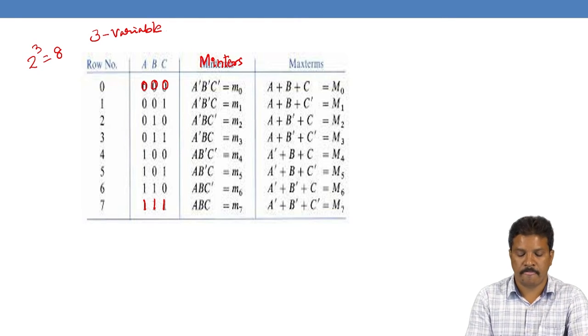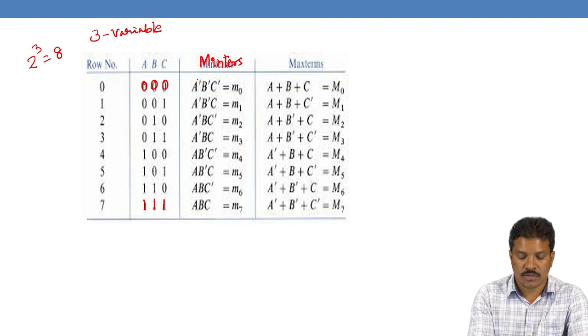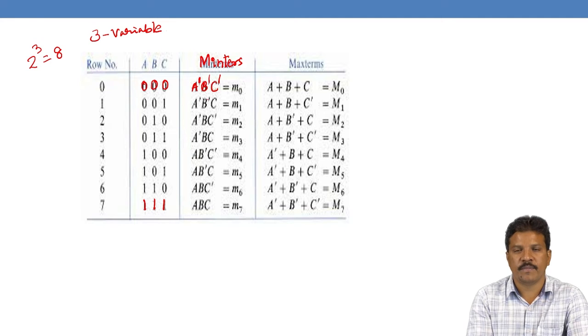combination. For the corresponding variable, the logic value 0 means it is a complemented form. So we can represent 0, 0, 0 as a bar, b bar, c bar. So all three variables have complemented form.